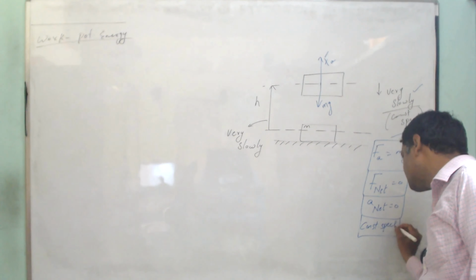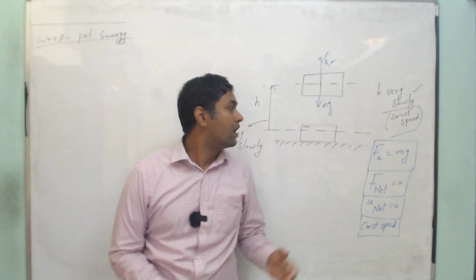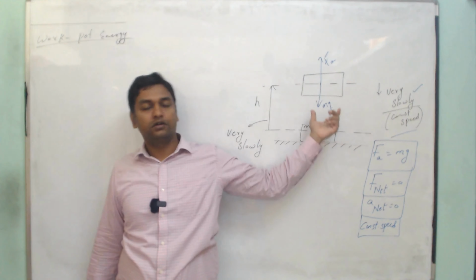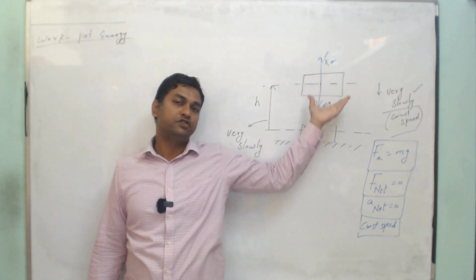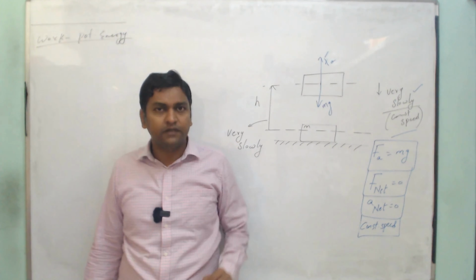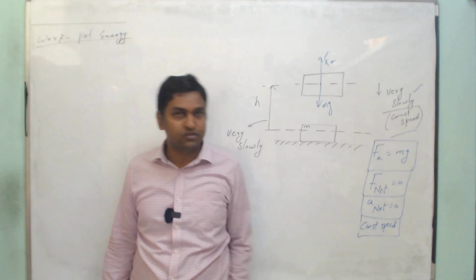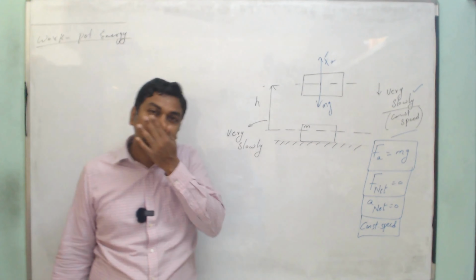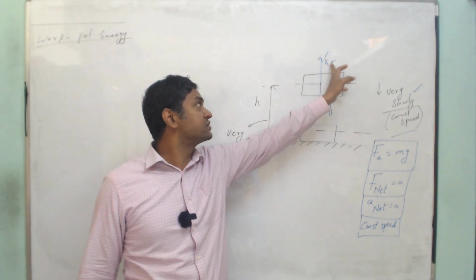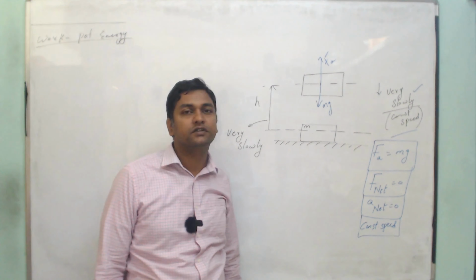So suppose I am making sure that the block comes down very slowly. What is there in my hands? FA is there in my hand. mg is anyway constant. The force FA that I am applying in the upward direction is constant.